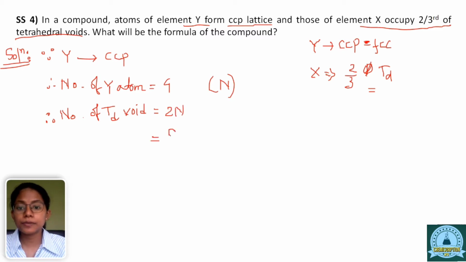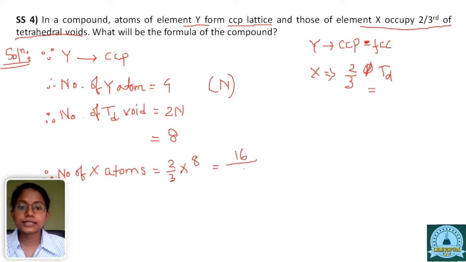Therefore here it will be 8. In FCC, the number of tetrahedral voids is 8. Therefore the number of X atoms is equal to two-thirds of 8, which is equal to 16 by 3, right?